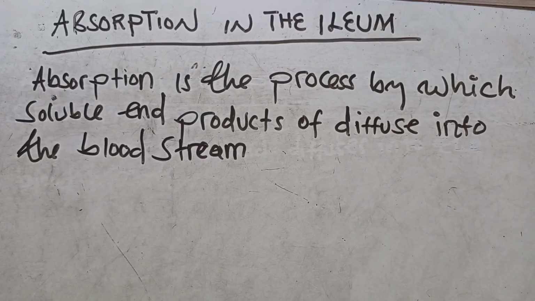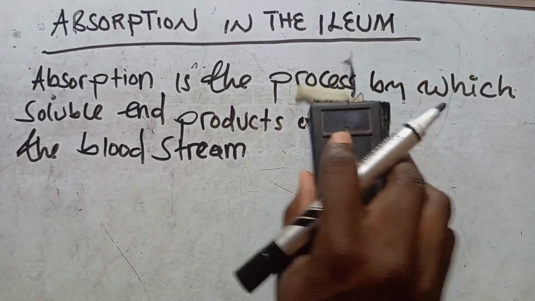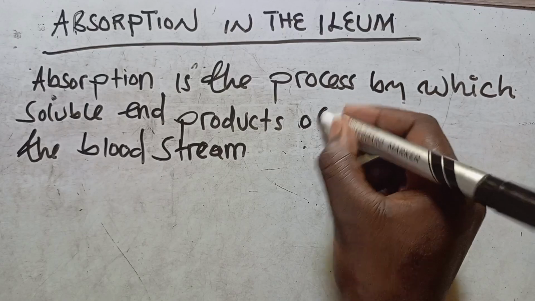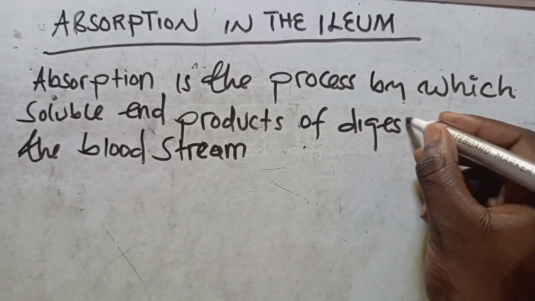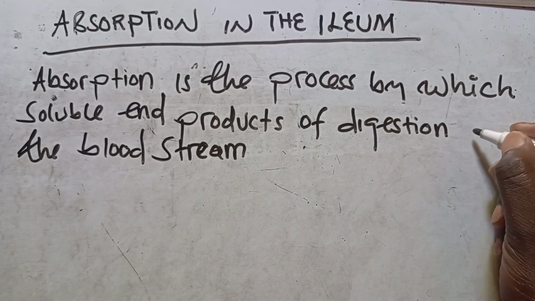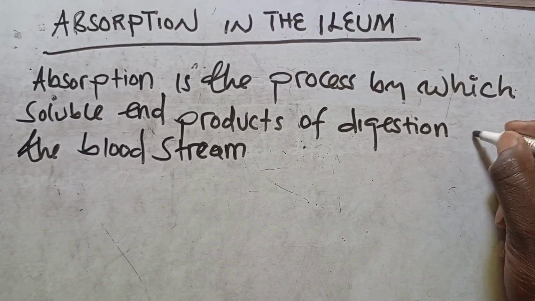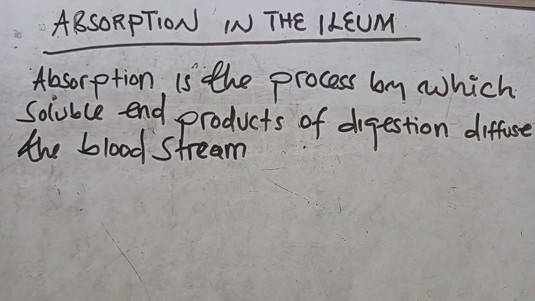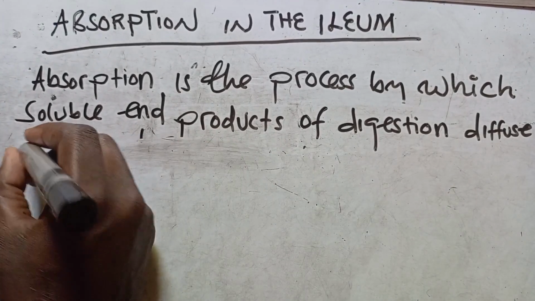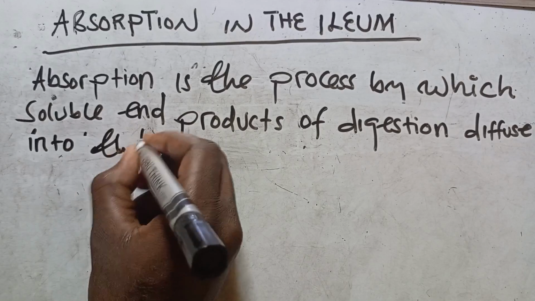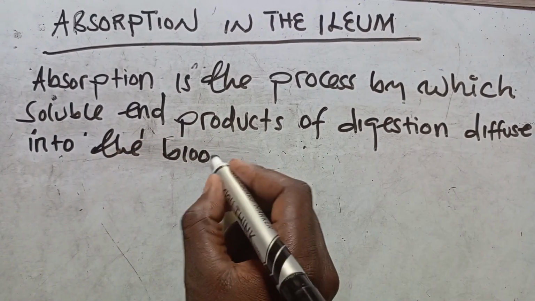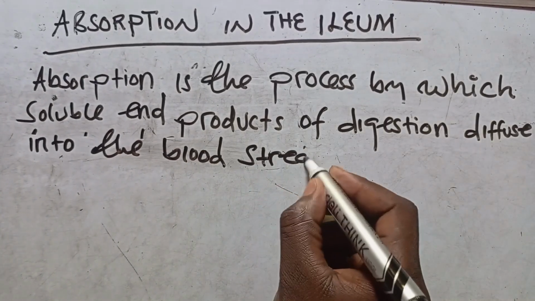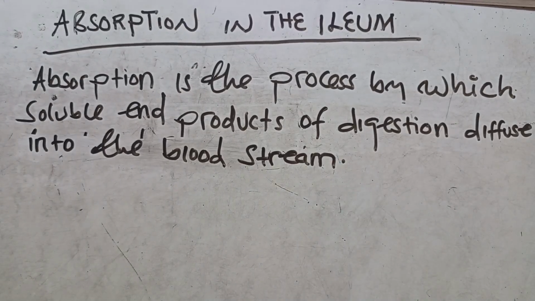Absorption is the process by which soluble end products of digestion diffuse into the bloodstream. That is what we are calling absorption.